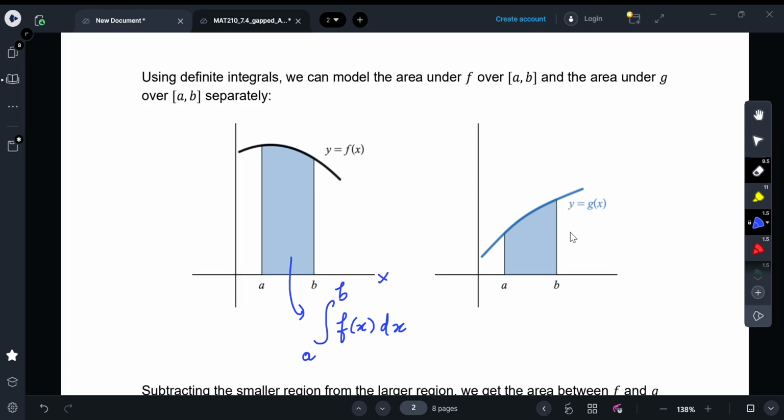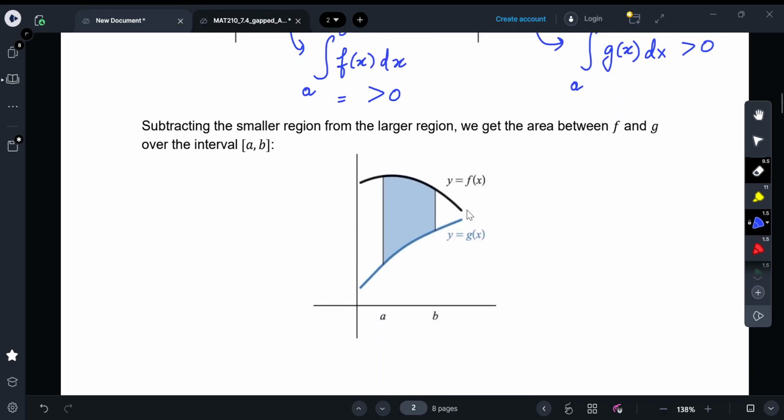And you know that this area is above the x-axis, so my final answer, which will be a number, is going to be a positive number greater than 0. Same thing here. I have a different function g of x, so I can write this as an integral from a to b of g of x dx. Again, because this is above the x-axis, it's going to be greater than 0.